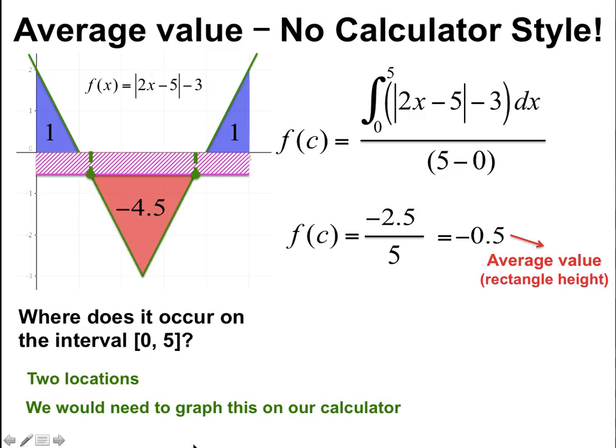And we're going to get to that point, but we're going to look at different functions before we look at this absolute value function. So we're not going to find these x values, but if I had to estimate, it looks like they might be a little more than 1, maybe 1 1/4, and a little less than 4, maybe 3 3/4 or something like that.